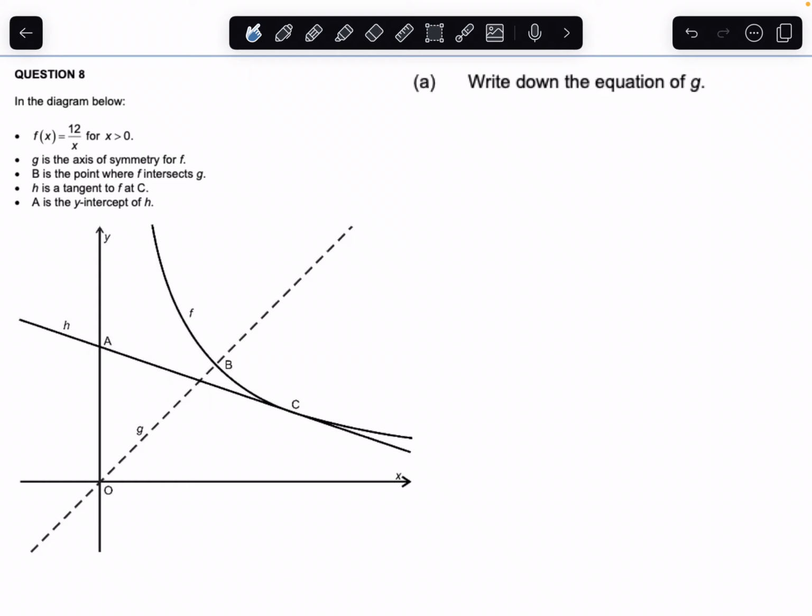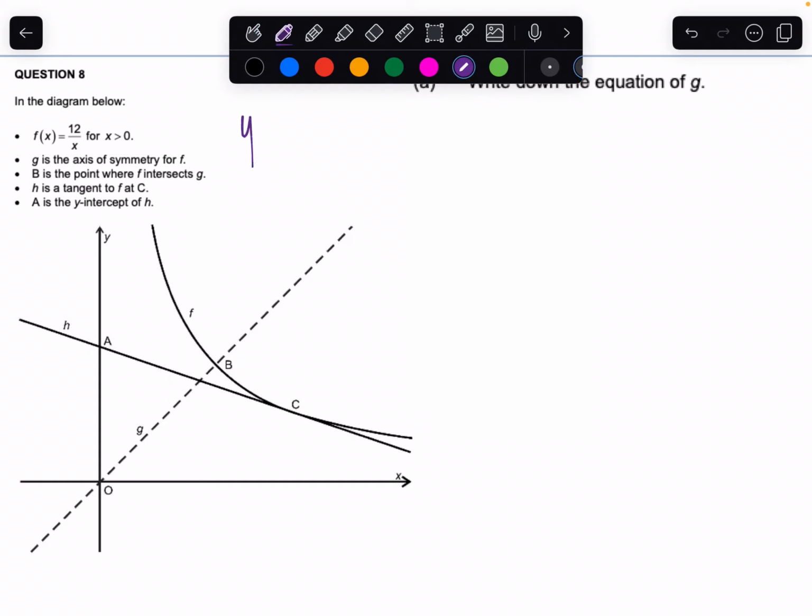Because this is a hyperbola that hasn't been shifted up or down, its axes of symmetry are going to be the same as for the basic hyperbola: y is equal to x and y is equal to negative x. Our graph has a positive gradient, so it can't be this one. It would have to be this one.